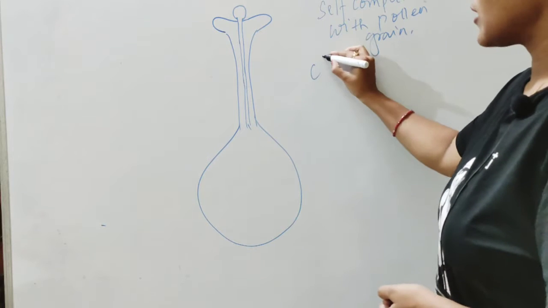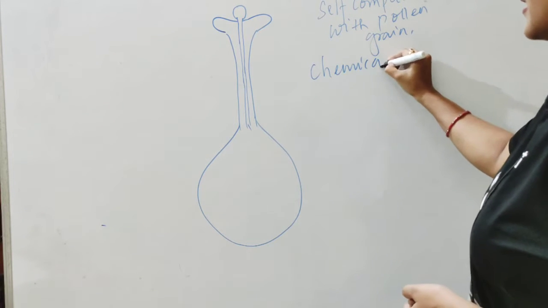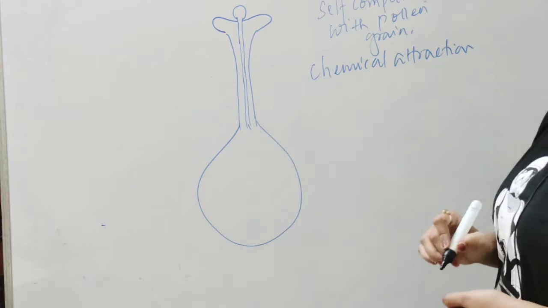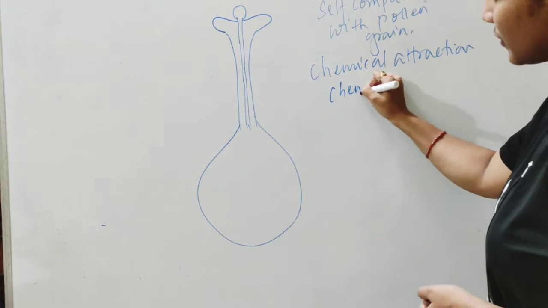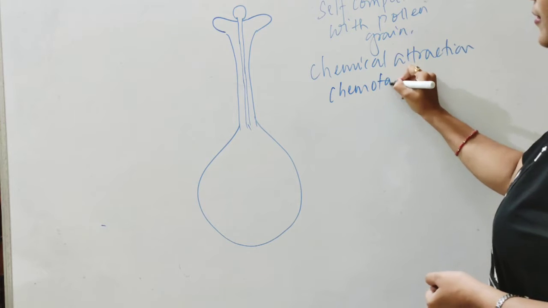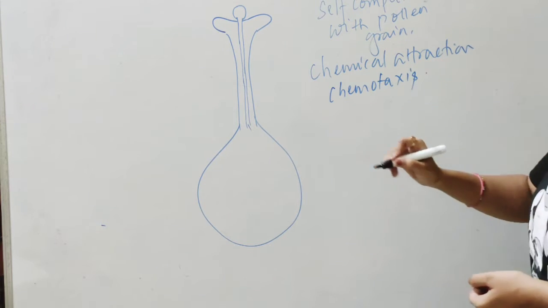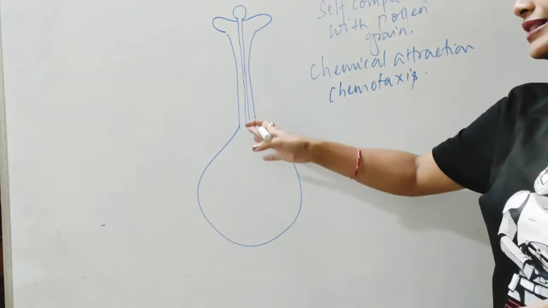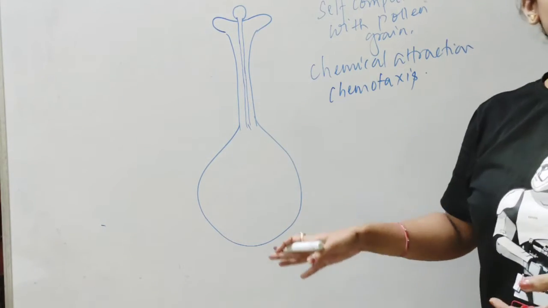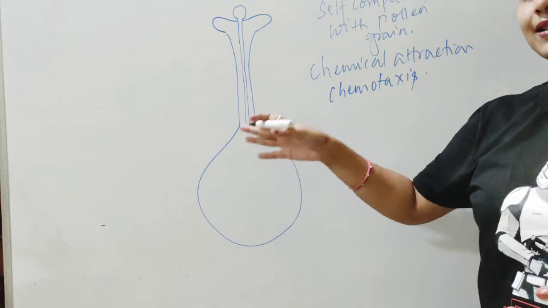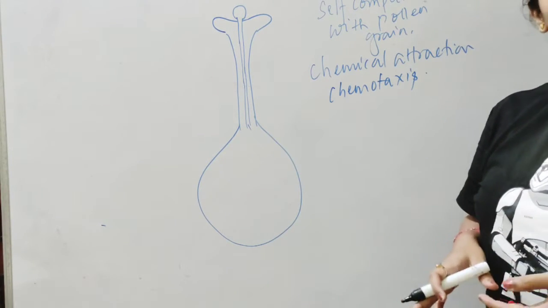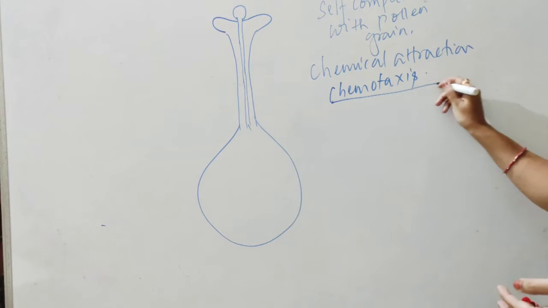It is actually because of chemical attraction, for which we use another word, chemotaxis. So the movement or guided pathway of this pollen tube along the style so that it reaches the micropylar end and then guides the male gametes into the ovule. This is the most important objective. And how is it done? It is because of this chemotaxis.